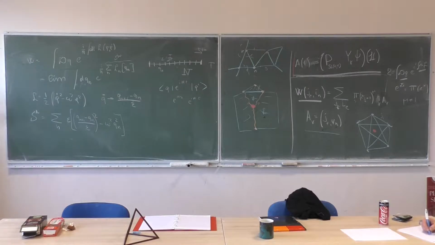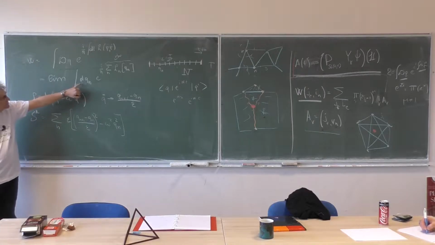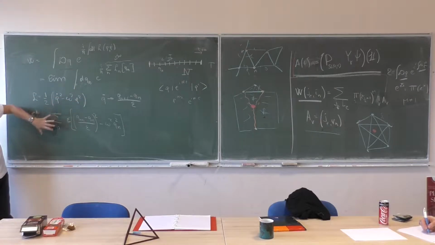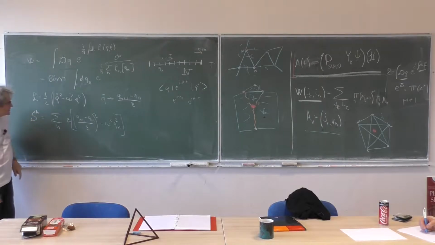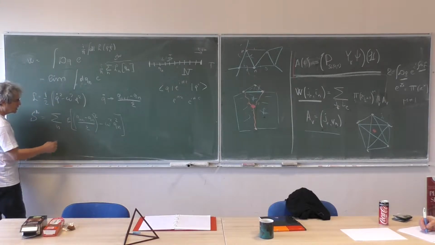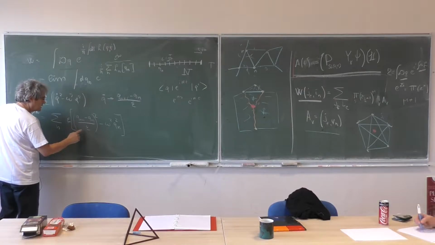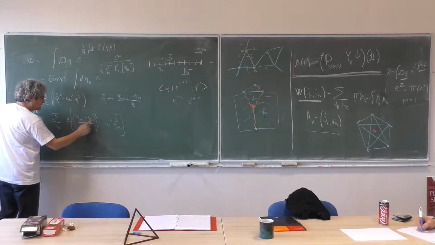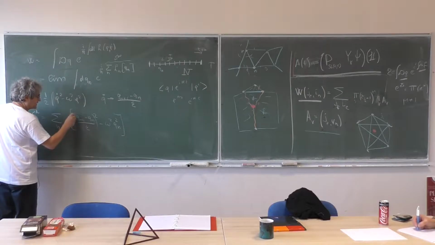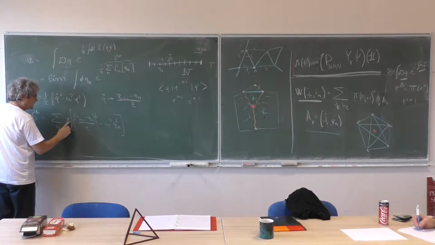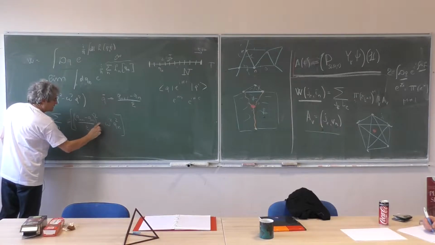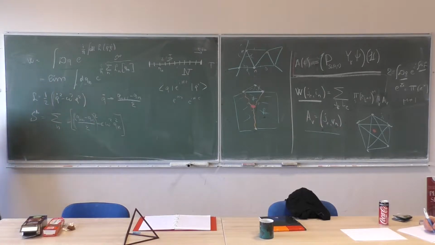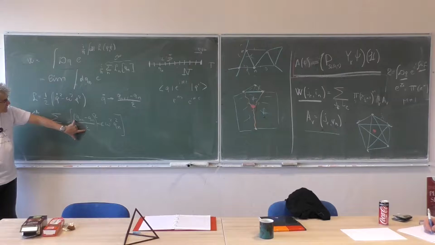So we are integrating over qn the exponential of i times this thing here. Now, it's convenient, and what one does all the time, to get rid of this epsilon downstairs.